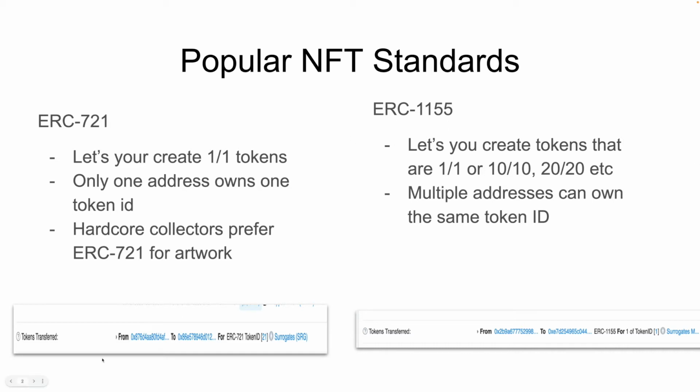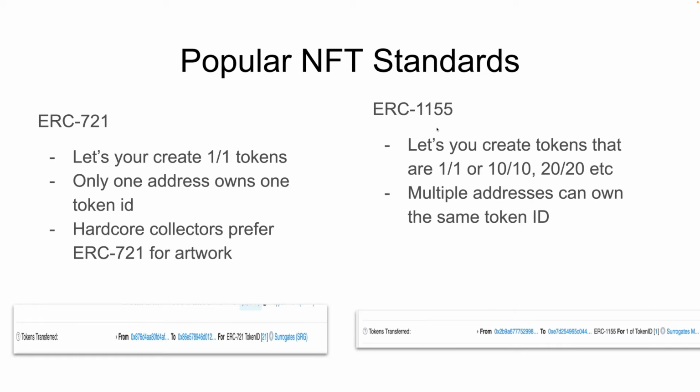Now here at the bottom, you'll see what happens in a place like Etherscan, right? How this NFT transfer is represented in the blockchain. So when you transfer an ERC 721 token, you are sending that token ID, that token with ID of 21, let's say, to the buyer or the person you're sending it to.